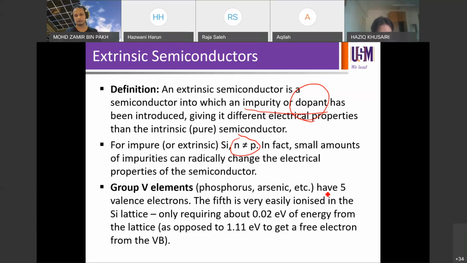Group 5 or group 15 has 5 valence electrons, and silicon has 4 valence electrons, so therefore we're going to have 1 free electron for every bond. This free electron is going to wander around the lattice for conduction, right? So the fifth one is easily ionized.